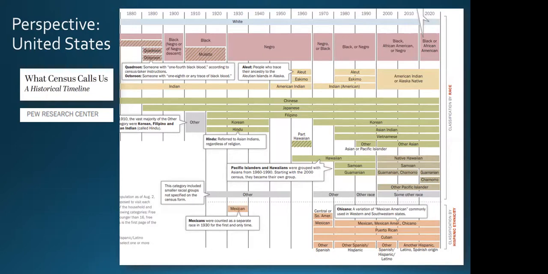In the United States, the categories we use have changed over time based on political and social factors. In 1790, the categories were white, free, or slave. And that's how we described populations then.